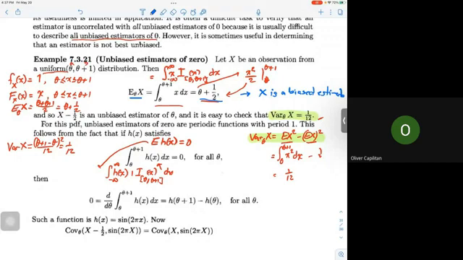Pwede naman natin ito mag-verify. So the expectation of x minus 1/2 is equal to the expectation of x minus 1/2. So that's equal to theta plus 1/2 minus 1/2, equal to theta. So unbiased estimator siya. So it's easy to check that the variance of x is 1/12.